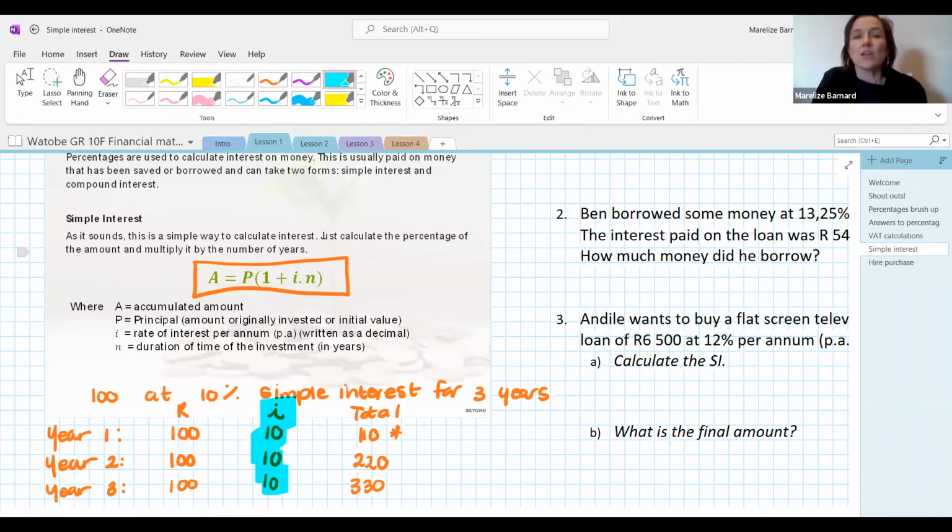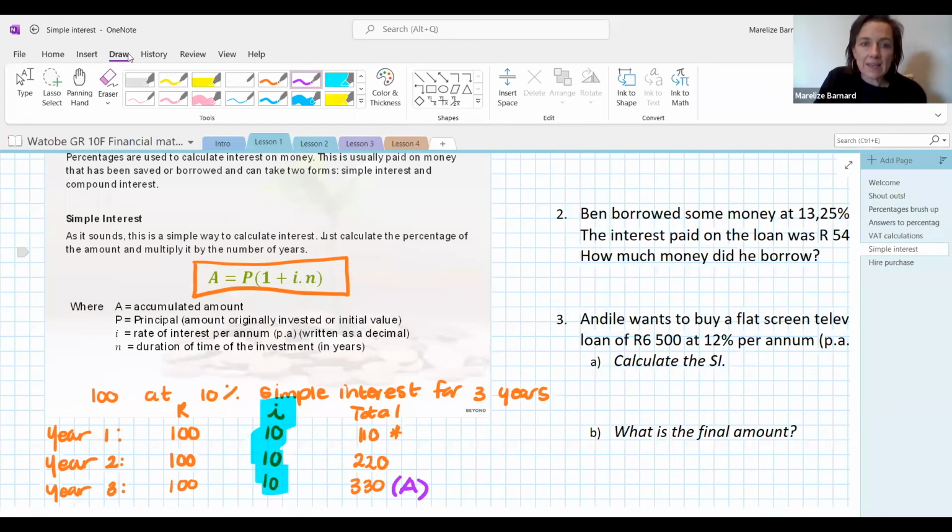Okay. So we need to know our words and our terms for our formula. A means the accumulated amount, the amount that you have at the end. So in our example that we now did very manually here, which takes a long time, and we're not going to do it all the time, our 330 is our accumulated amount.